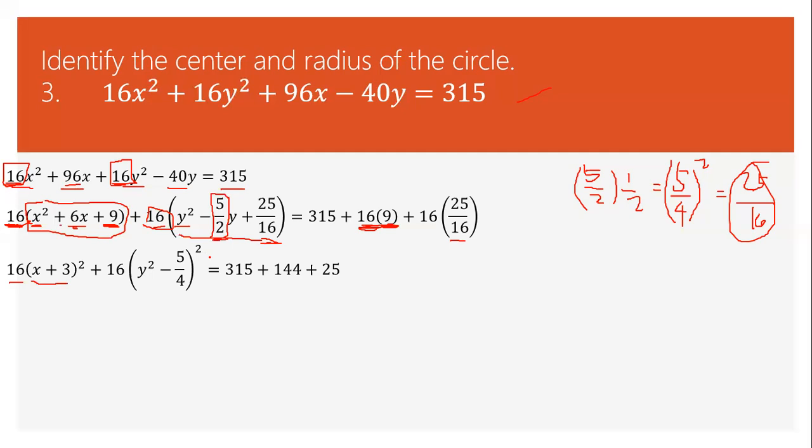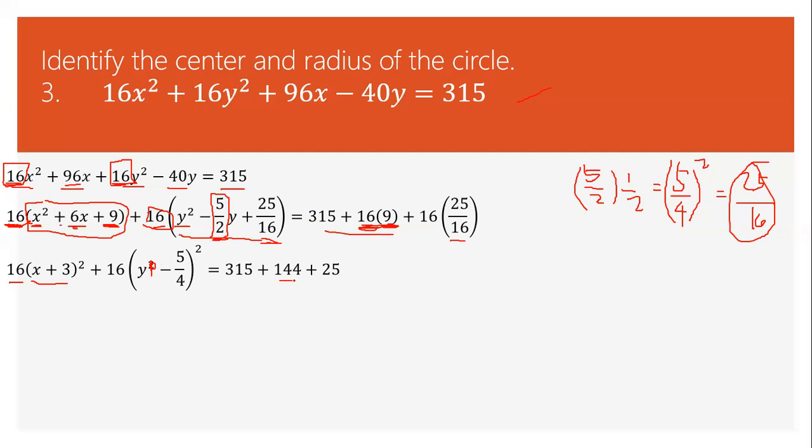So 5/2 divided by 2 is 5/4. So 16 times the quantity of y minus 5/4, squared.